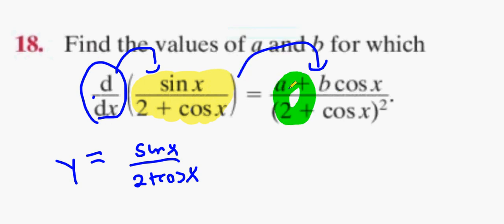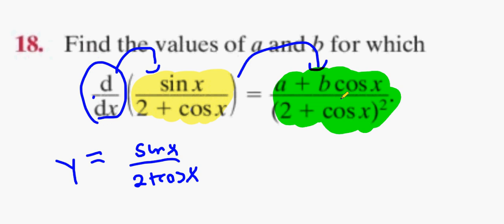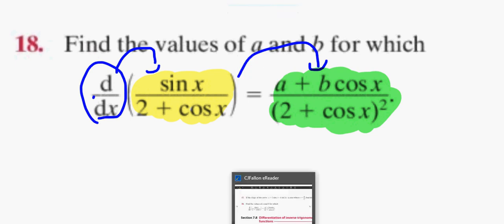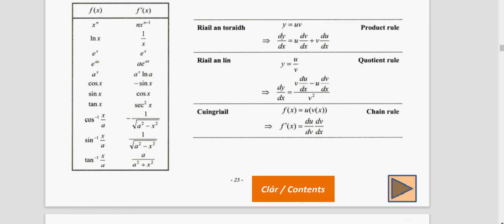Differentiate the yellow part and your answer should look like the green part. What type of rule are we going to use? Quotient rule. For those of you at home, a big call out to Kev. He's probably back in the States, but we're going to use the quotient rule, which is this one here.